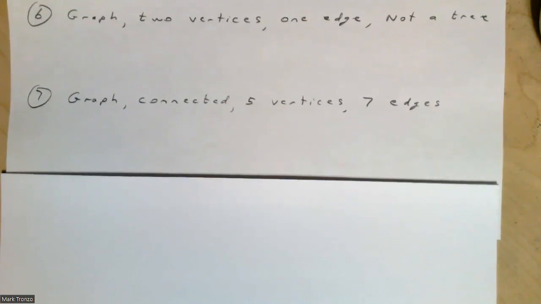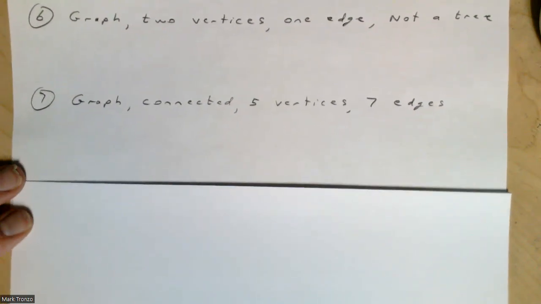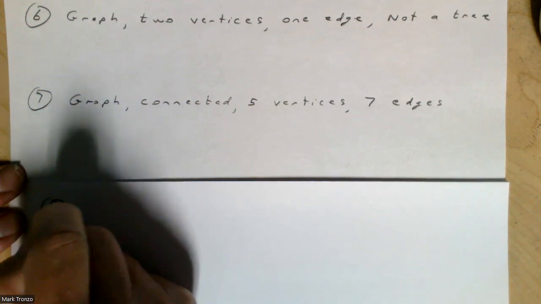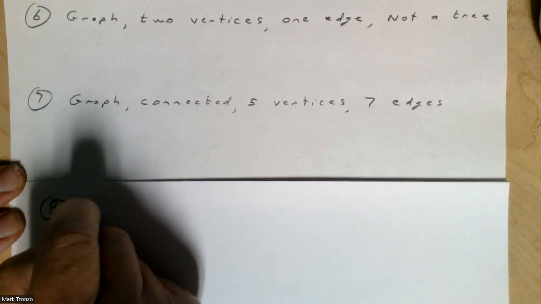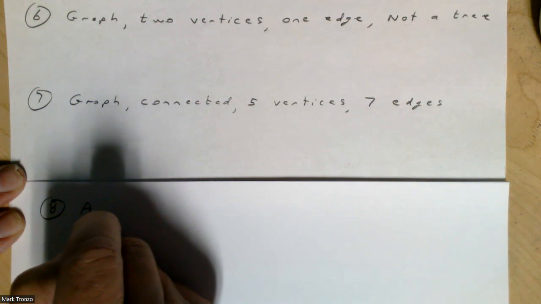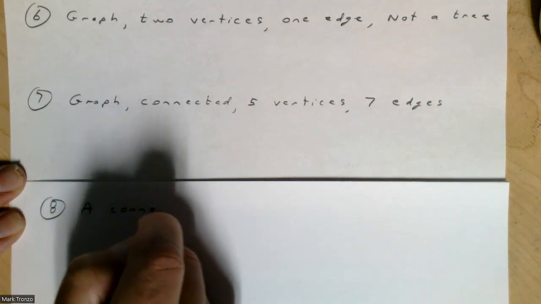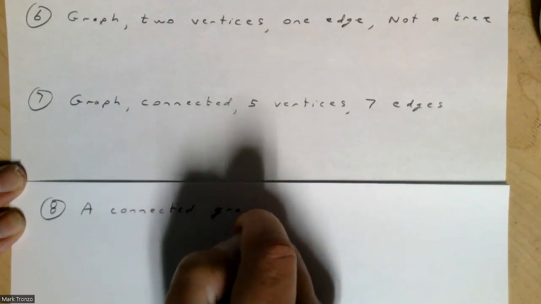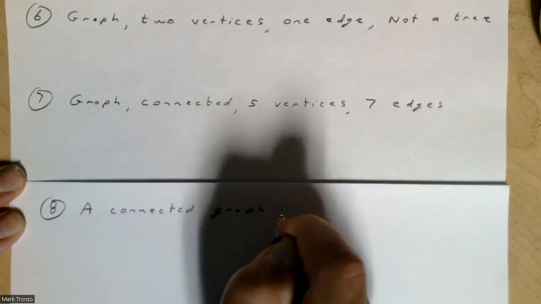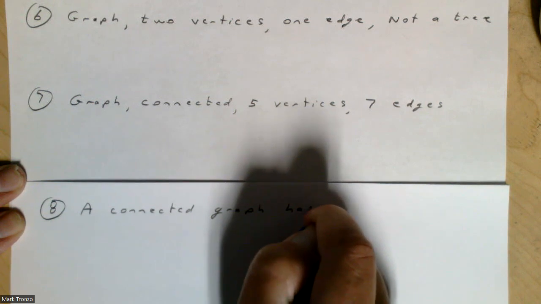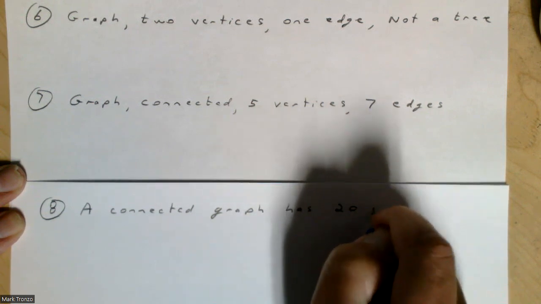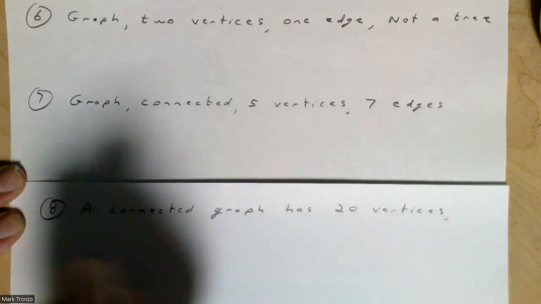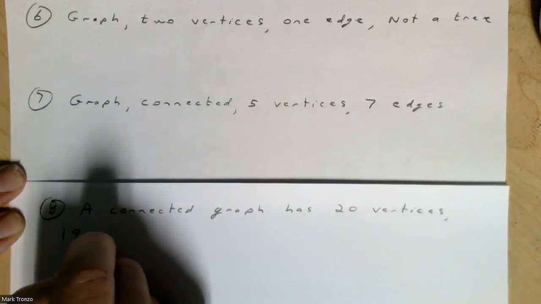Go to number 8. A connected graph has 20 vertices, 19 edges.